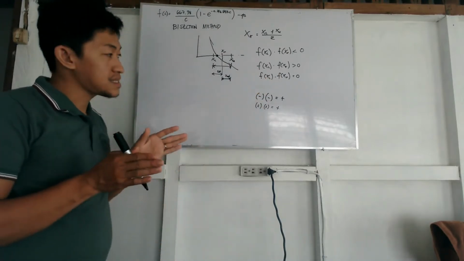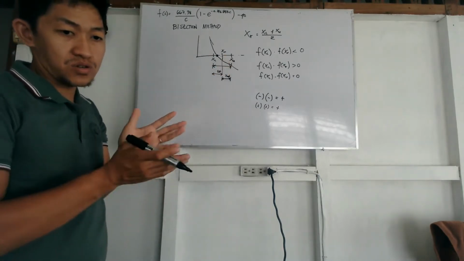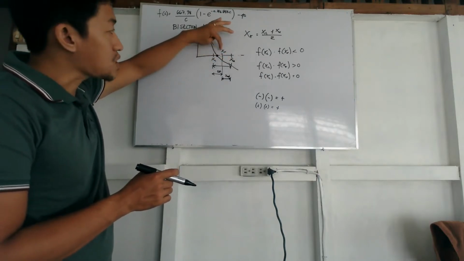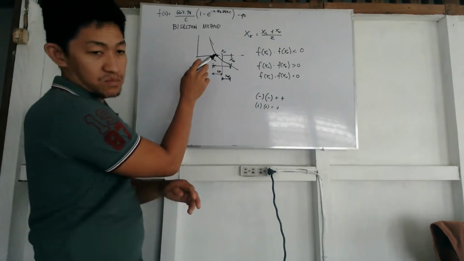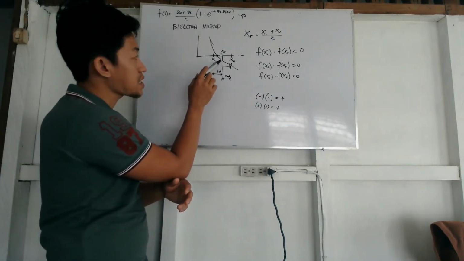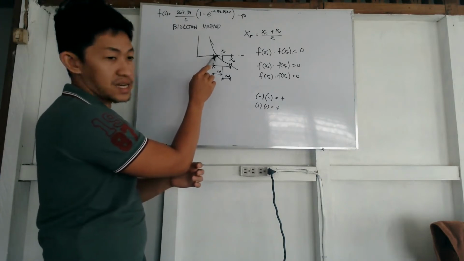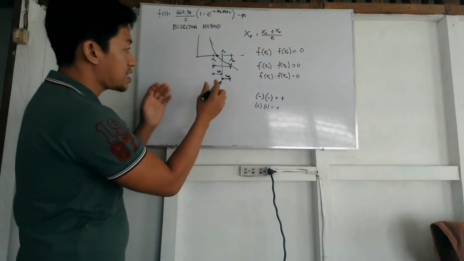So the concept is, you have XL, you have XU, and you assume that XR is situated between XL and XU. But based on the diagram, your XR is not yet exactly the root. So what you do is you proceed.